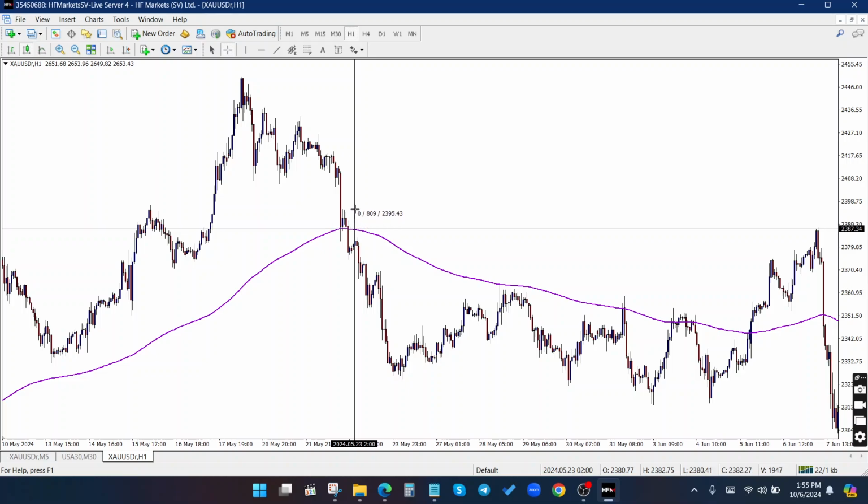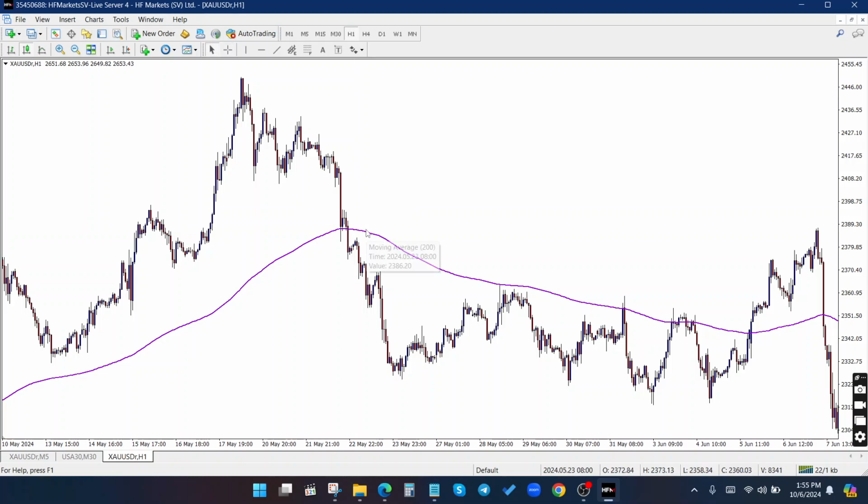So if you want to have a tight stop loss, as a swing trader, you can set it about 100 pips above the EMA, and then your take profit can be at the next support level, perhaps somewhere around here.